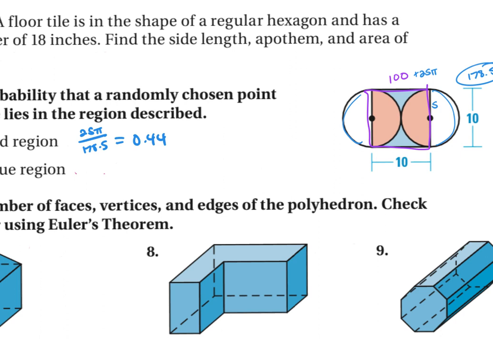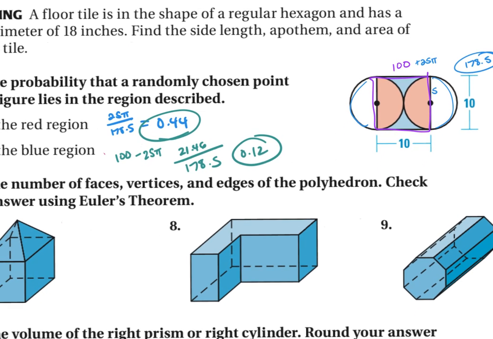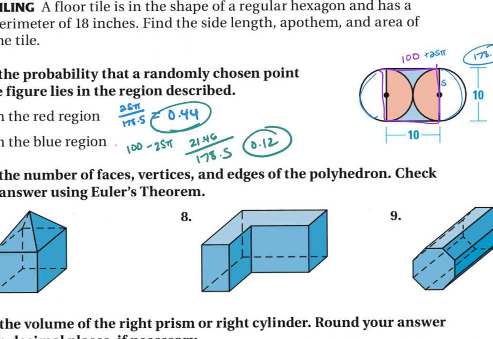And then for the blue region, you'd have to do the square, which is the 100, minus the circle. That's 21.46, and then divide that by the 178.5. That's 0.12. So it's area of what you want over area of the whole thing. That's how you find the probability of that.